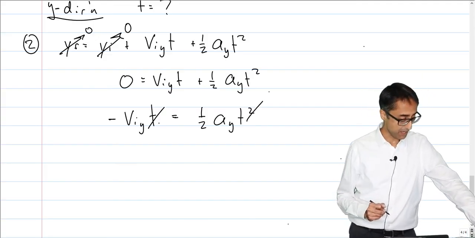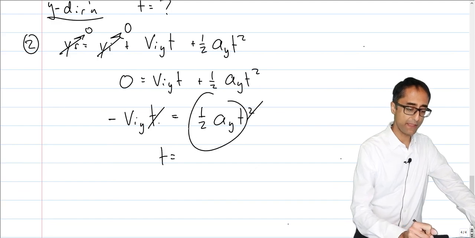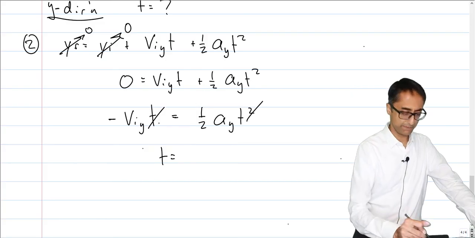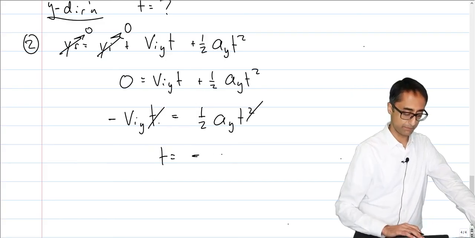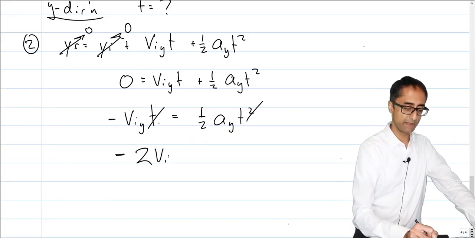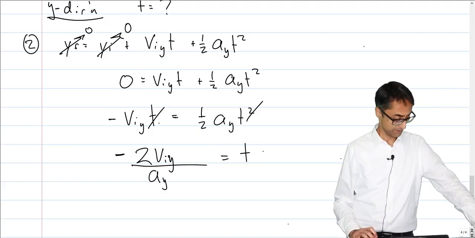And finally, I am solving for t, and so I have this 1/2 a_y, which I will divide through by that term, leaving me with negative. In fact, why don't we just leave it like that? So we have negative 2 v initial y, all divided by a_y. And this is equal to t, the time.